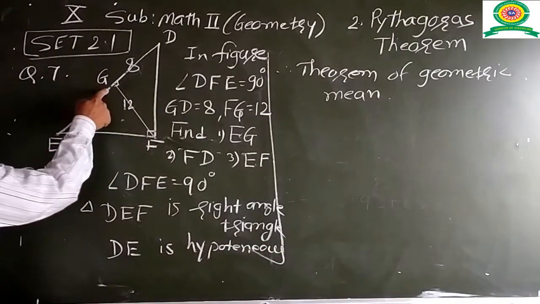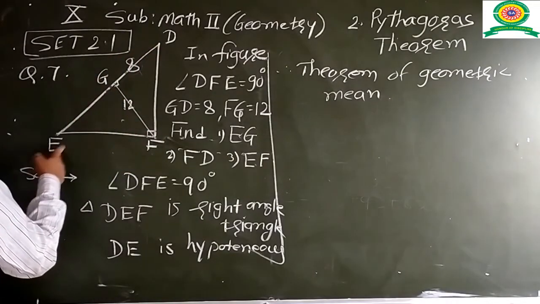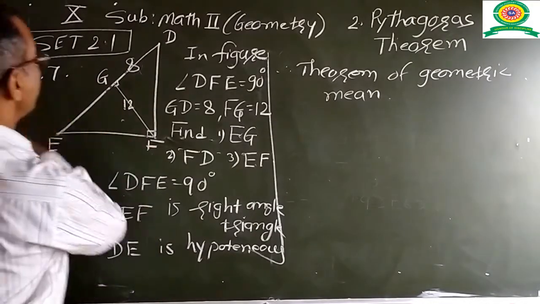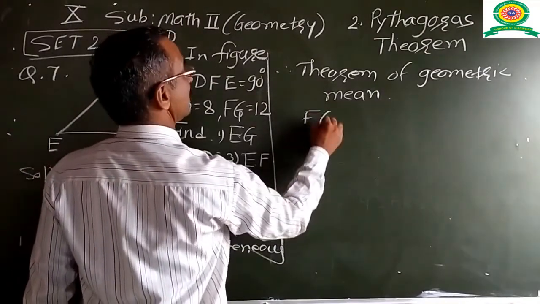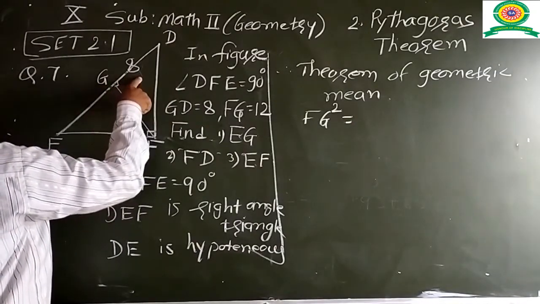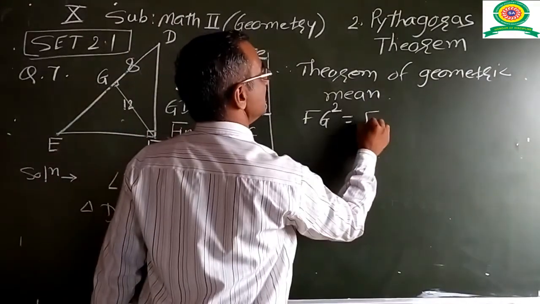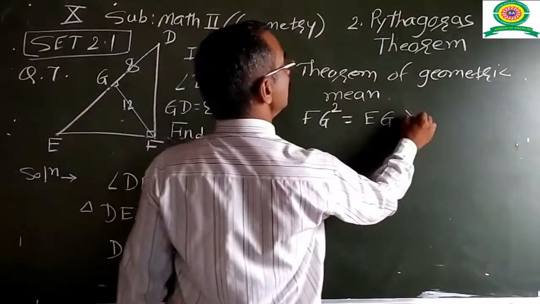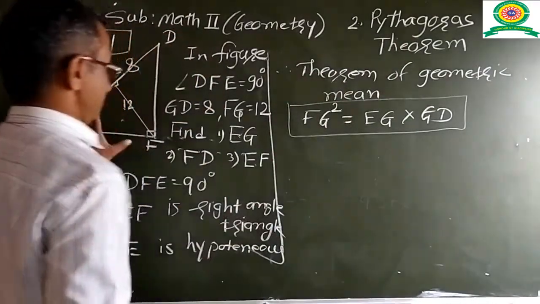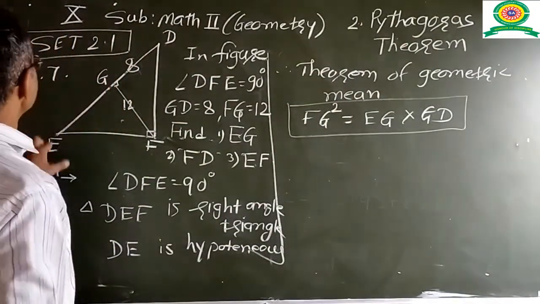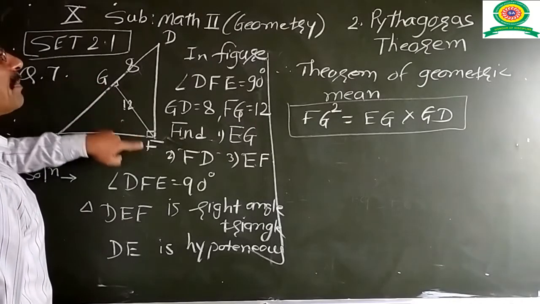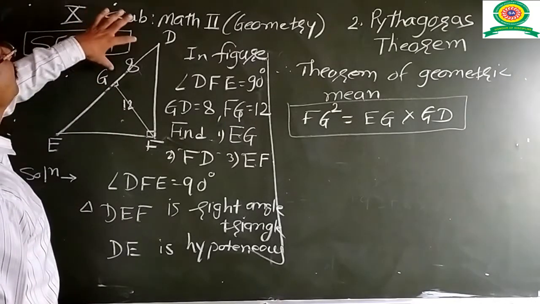When we draw the perpendicular on a hypotenuse, what do we get? The square of the perpendicular segment, FG, is equal to the multiplication of the two parts of the hypotenuse, EG into GD. This is the theorem of geometric mean. Means FG square is equal to EG into GD.